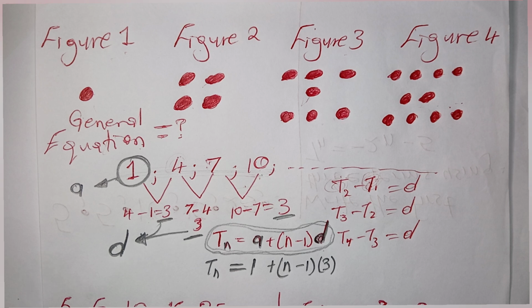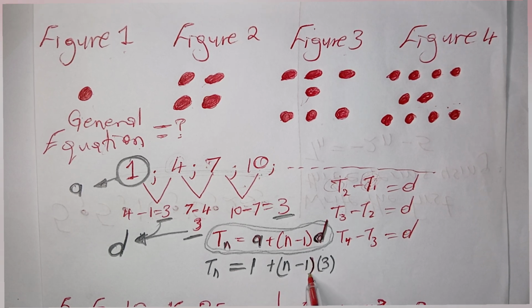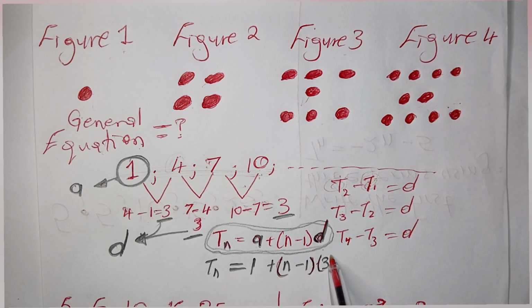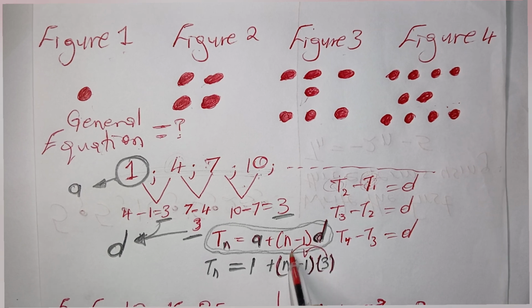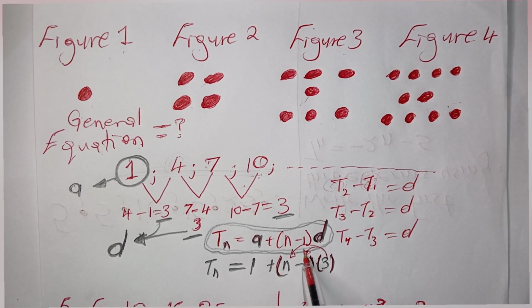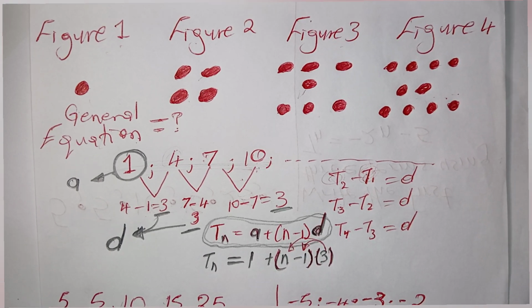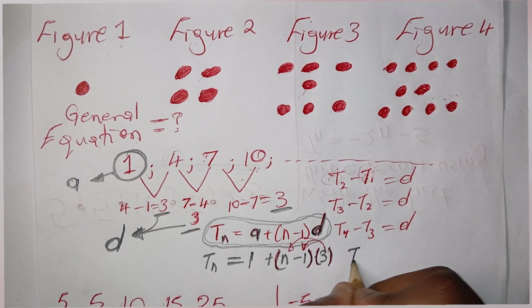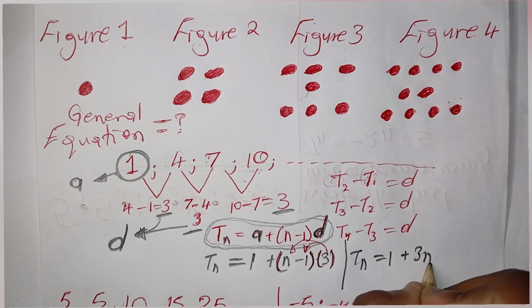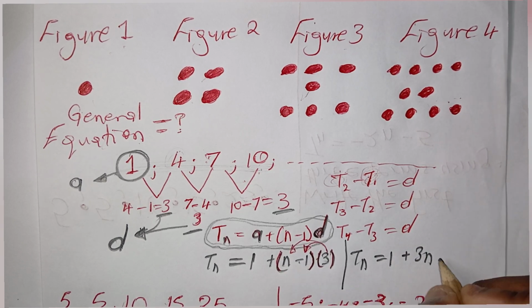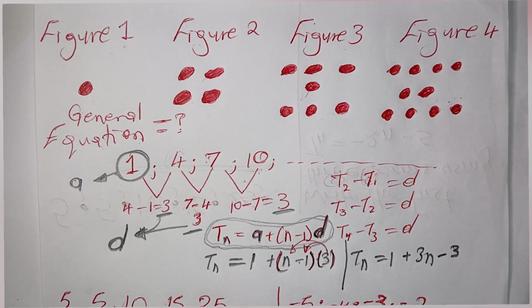What will happen now is to expand this, meaning we must remove this bracket by expanding. This multiplies inside, and this also multiplies inside. Once it multiplies inside, we get Tn equals 1 plus 3n minus 3.